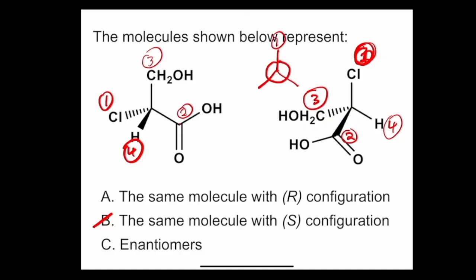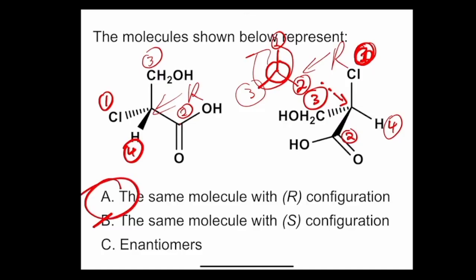If the chlorine, number 1, is here, right or left, where do I put my carboxylic acid? If I was going to look at it this direction, right or left? The right. That's going to be number 2. This is number 3. What's the geometry? RS? R. This is an R. This is also an R. It is a pirate. R, R, R. The same molecule.